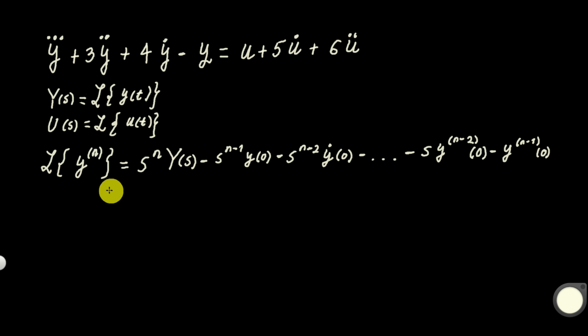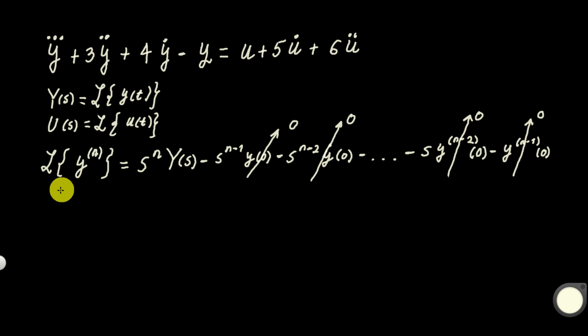And this formula is used to transform this equation to a transfer function form, where we are going to neglect or set to 0 all these terms that depend on the initial conditions. And this is very important to keep in mind.